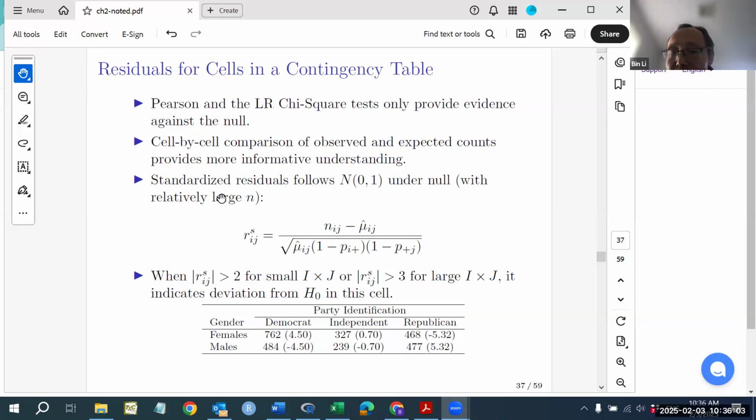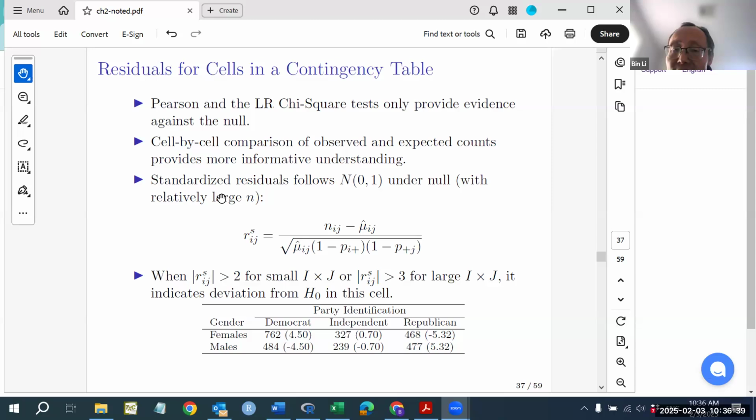Both the likelihood ratio and Pearson's chi-square tests only tell us whether we reject the null hypothesis or fail to reject it. They don't tell you the direction of the deviation if we reject the null, because the alternative is usually two-sided, or much more general.